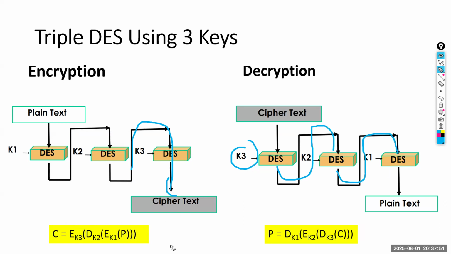You can see it's completely reverse. Earlier K1, K2, K3, now K3, K2, K1. Earlier encryption means now decryption. Earlier decryption means now encryption. So this is serious stuff. So this is called triple DES, right? Triple DES.